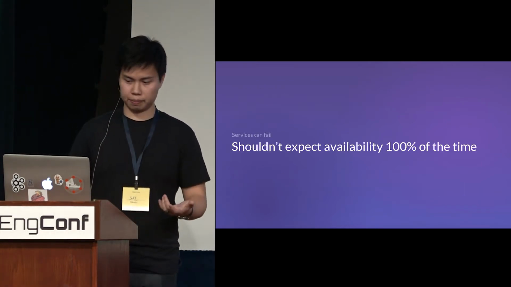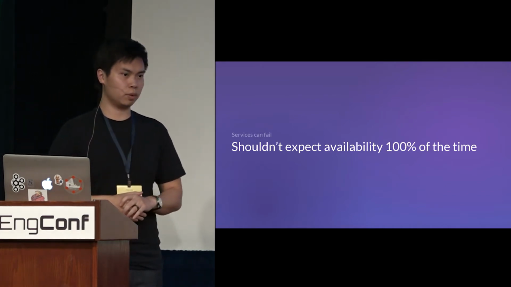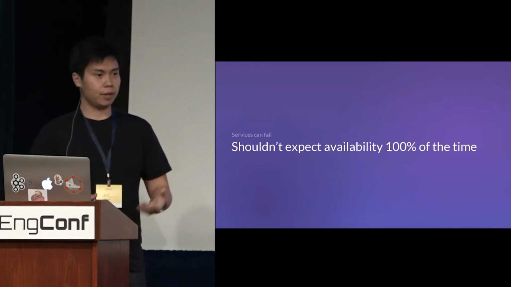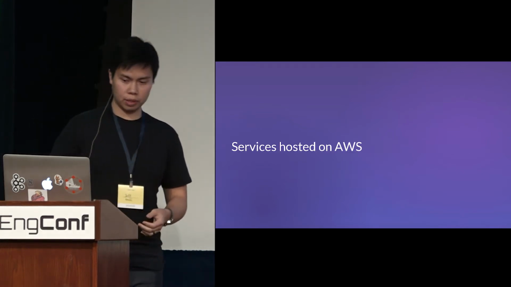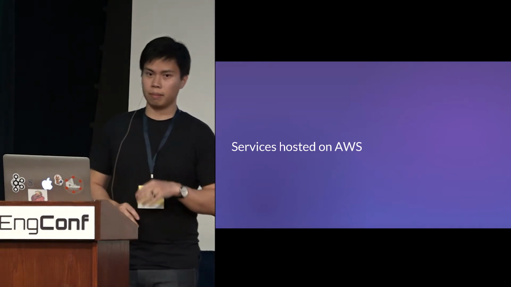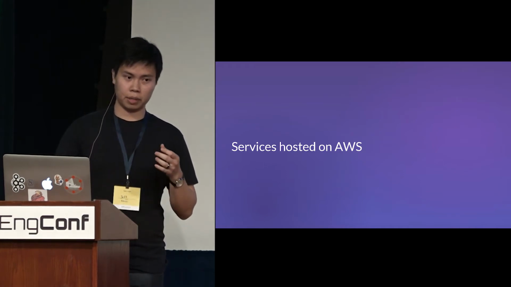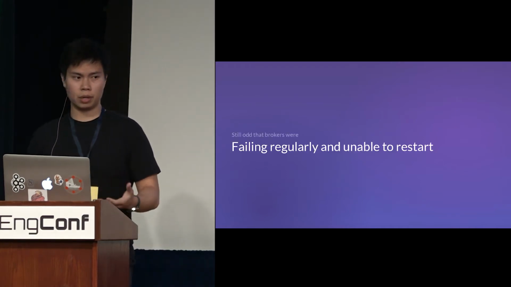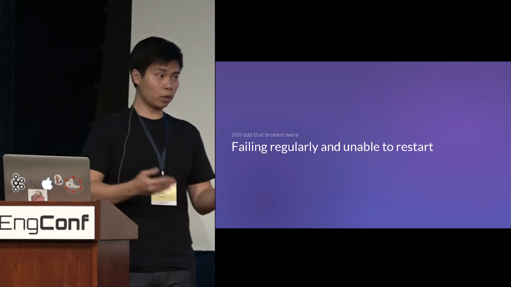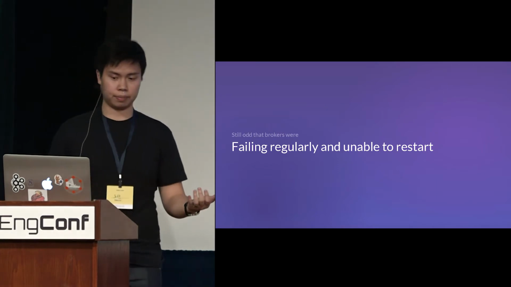So let's dig in. First, you shouldn't expect services to be available 100% of the time in distributed systems. Things can fail. And this is especially true for us since we host our services on AWS, where boxes can go up and down at any time. But still, it was pretty odd that our brokers were failing regularly, and even more odd that when they tried to come back up, they just couldn't at all.